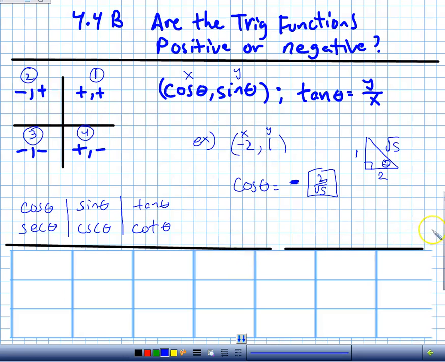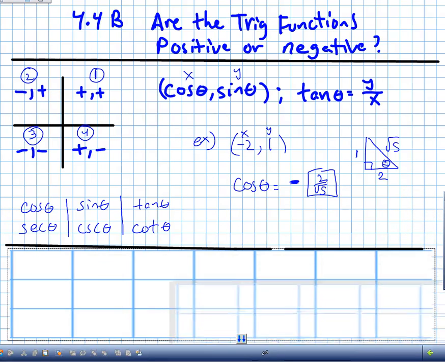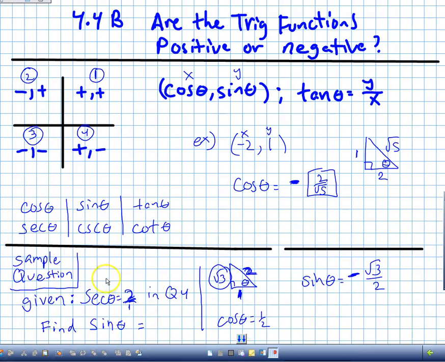Let me do one more sample problem. Let's take a look at the situation where they give us secant. Secant is equal to a number, maybe 2, and they tell us that it's in quadrant number 4, and then the question is to find sine theta.